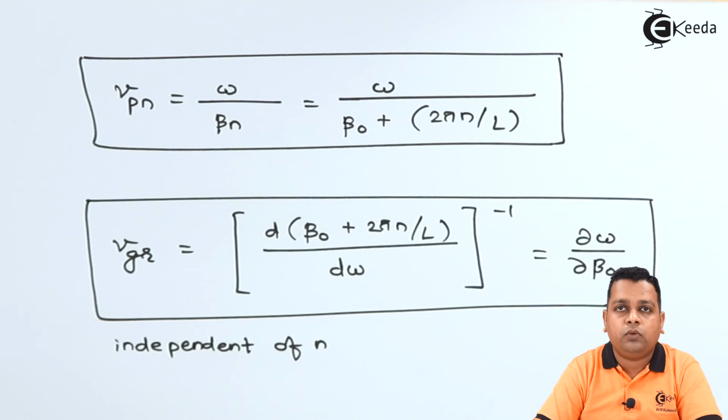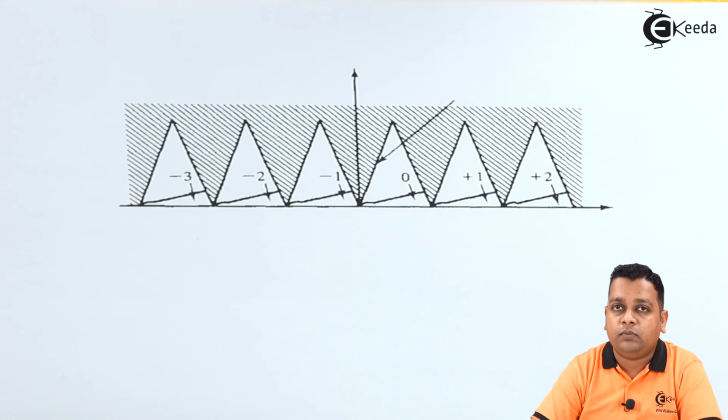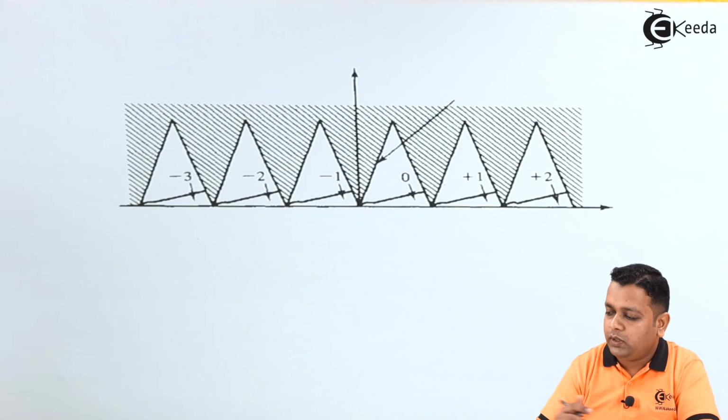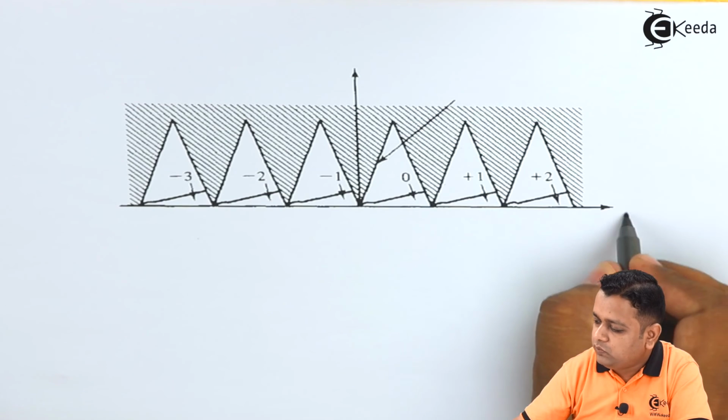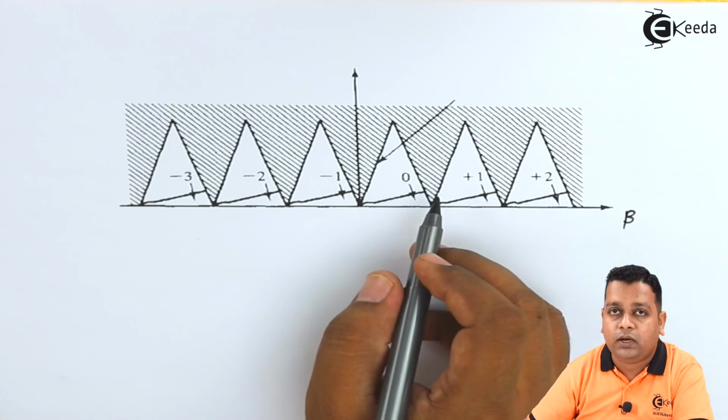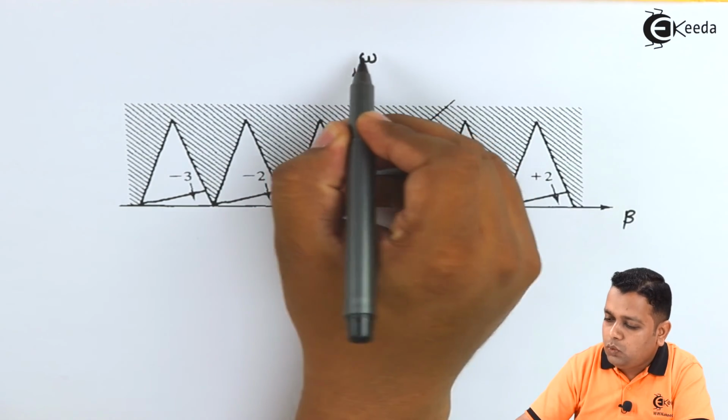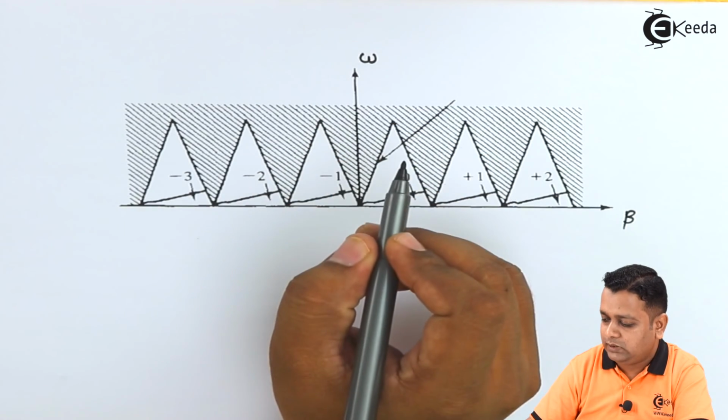As we have the representation of equation for n number of spatial harmonics, the diagram relating omega with respect to beta can again be given. This diagram can again be said to be the Brillouin diagram. On the horizontal axis we have beta relating to the values of omega on the vertical axis.